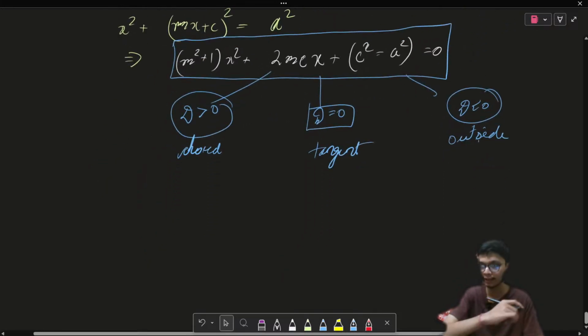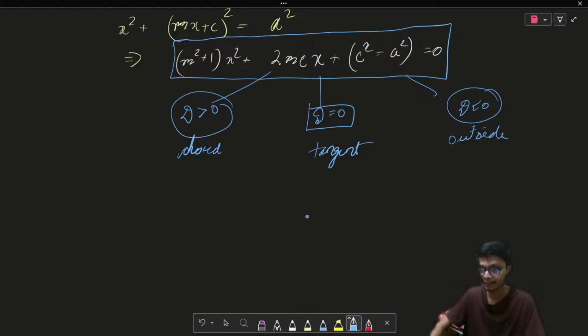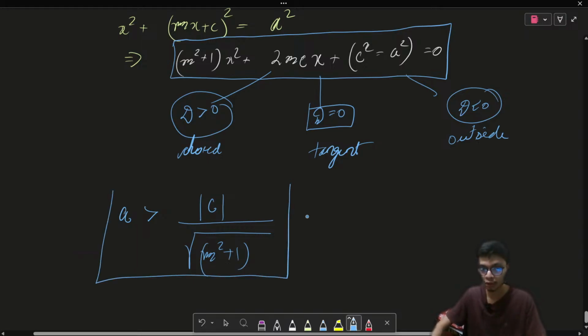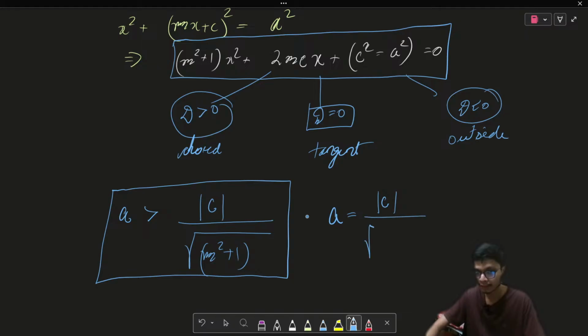If you solve for the case of chord, that means D is greater than 0. This particular case will come out to be a greater than mod of c divided by root of m square plus 1. So this is the condition for a line being a chord for a given circle. For tangent, the condition is a is equal to mod of c divided by root of m square plus 1.